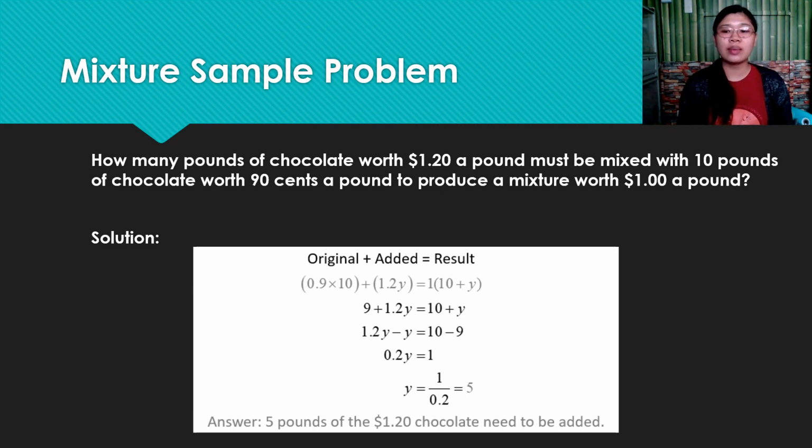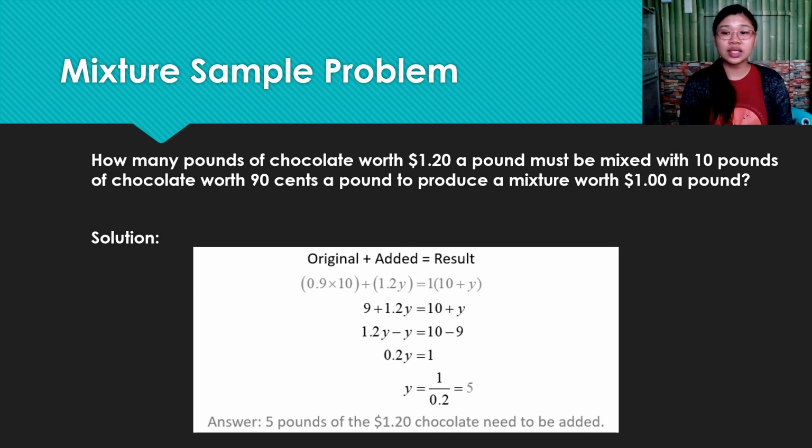So by solving this, we will have 1.2y minus y because we transpose y to the other side and then 9 to the other side of the equation. We have here 0.2y is equal to 1. So y is equal to 1 over 0.2, which is equal to 5.